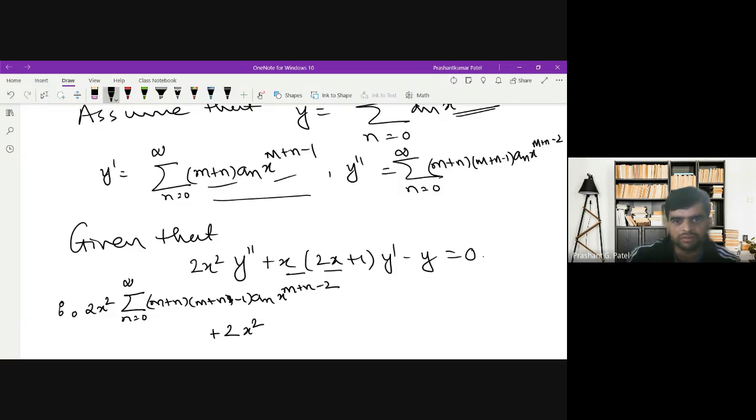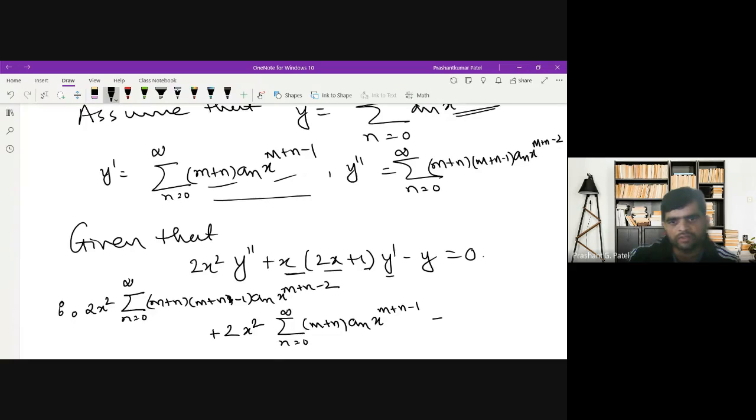Y dash is this, so I may write down summation n running from 0 to infinity (m plus n) a n x raised to m plus n minus 1. Then this x is multiplied to this 1 into y dash.